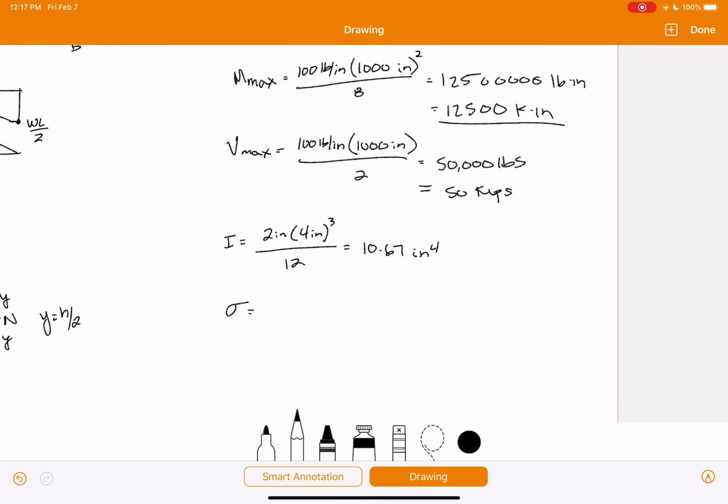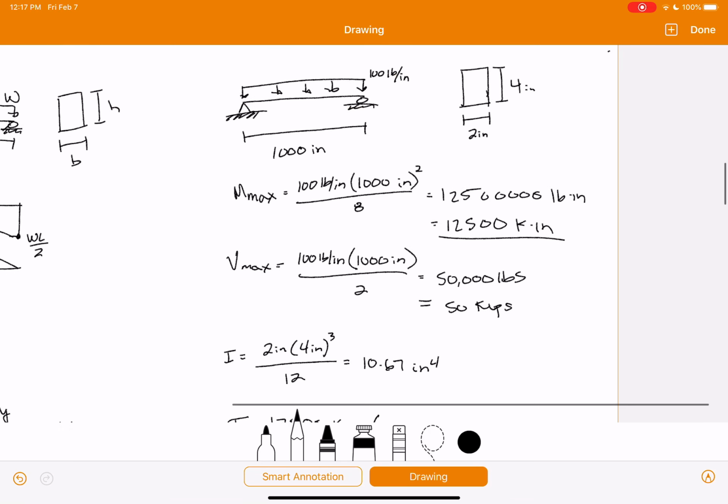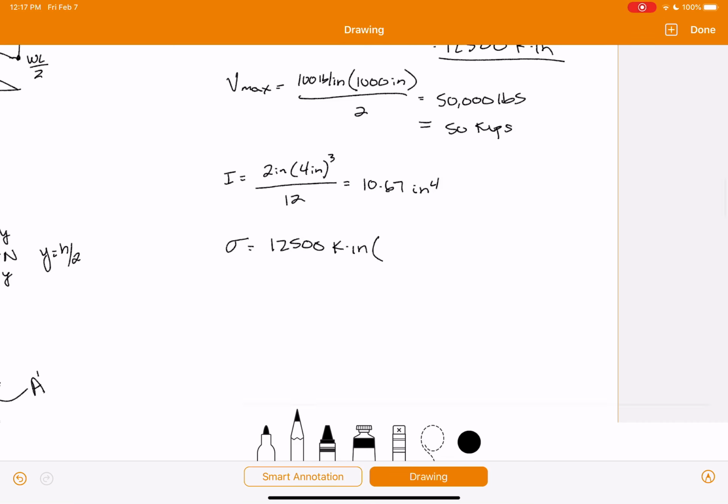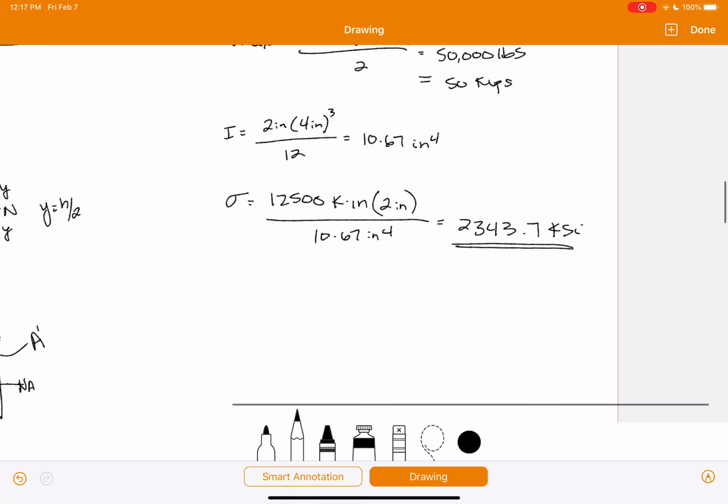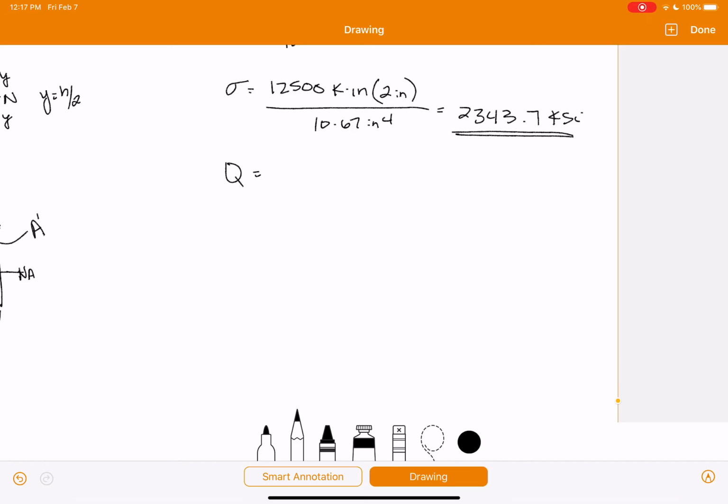So right there, 125.00 kip inches times our y, which is just going to be h divided by 2, so 2 inches, over I, which we just calculated is 10.67 inches to the 4th, and we'll get 2343.7 KSI.